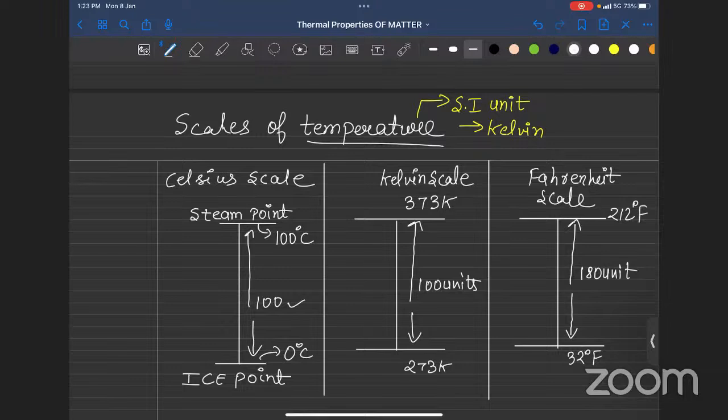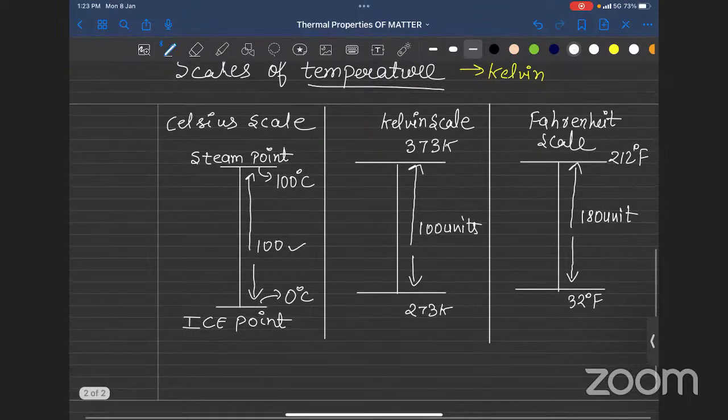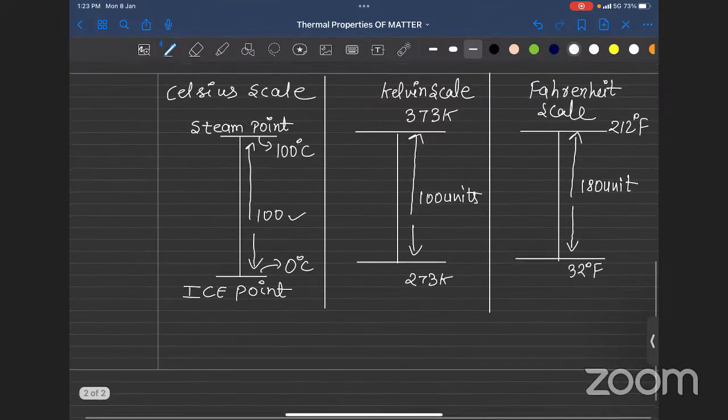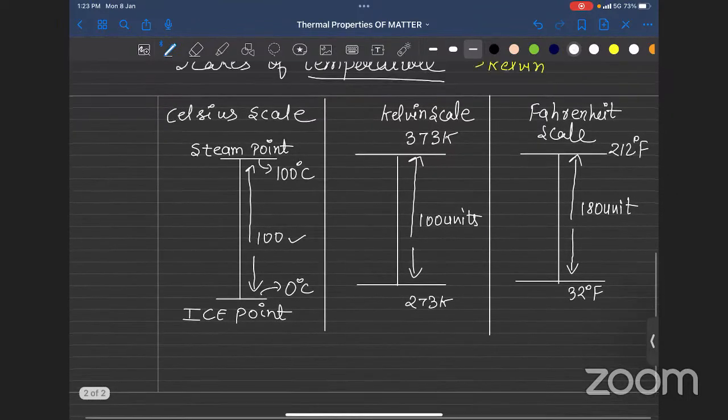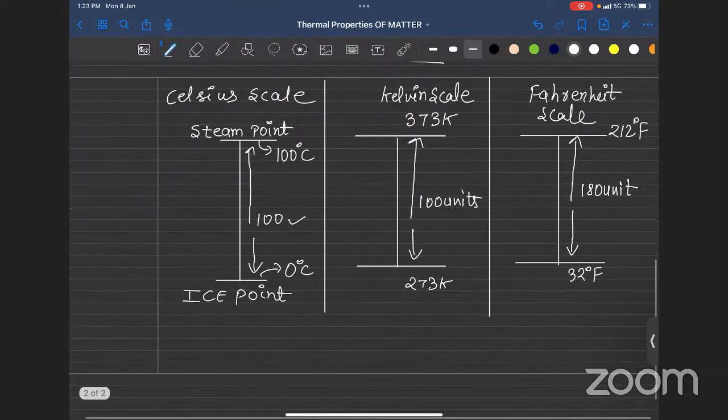Now we need to do some calculation. There is a method of conversion of temperature from one scale to another. Let's understand that.